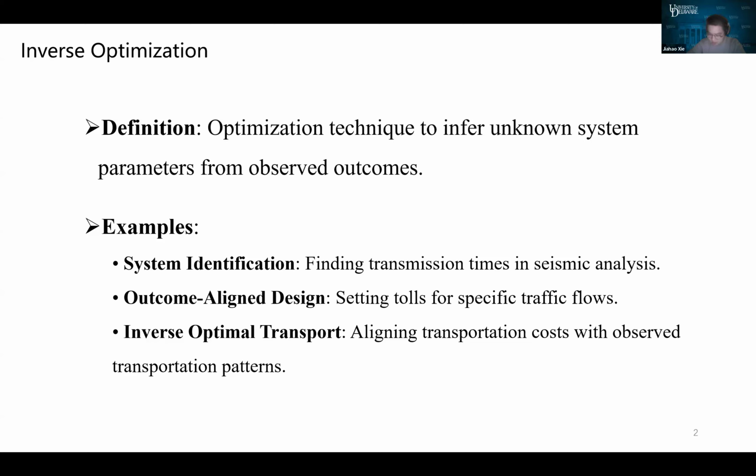flow. And in optimal transport, we look at observed transportation costs and patterns, trying to align them by figuring out the underlying transportation costs that would explain these patterns.